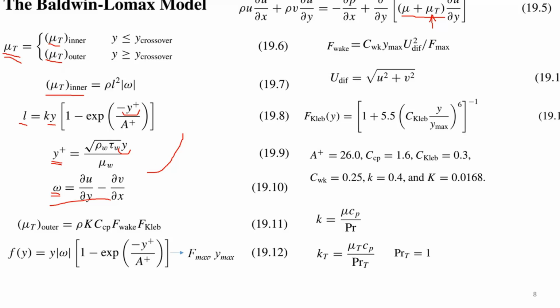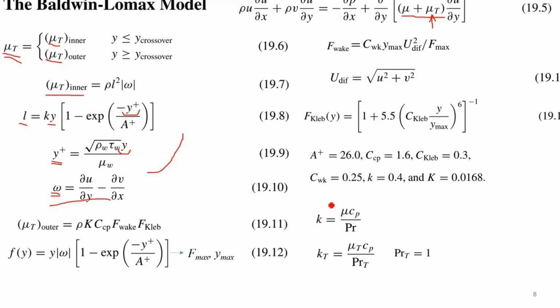And for the outer layer, for turbulent viscosity, we have another function. In this function there are many parameters, where each parameter is calculated by its own function. It is just algebraic manipulation of flow parameters, with known constants.